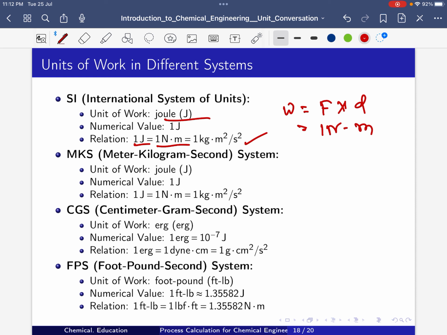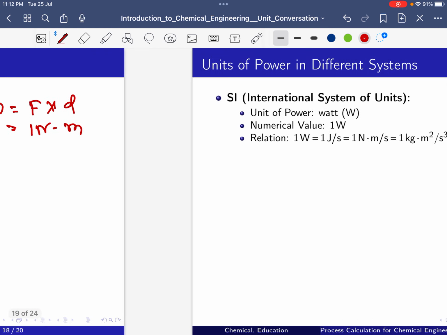MK is also the same. In CGS it is the erg, so 1 erg is equal to 1 dyne centimeter, 1 gram centimeter square per second square, and 1 erg is equal to 10 to the power minus 7 joule. Remember that. Unit of work in FPS is the foot pound force, so 1 ft lbf is equal to 1.35582 joule, that is 1.35582 newton meter.